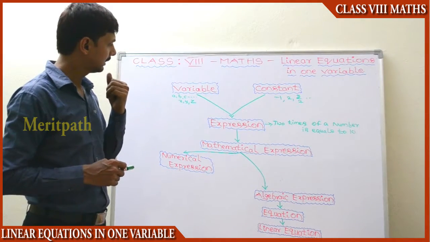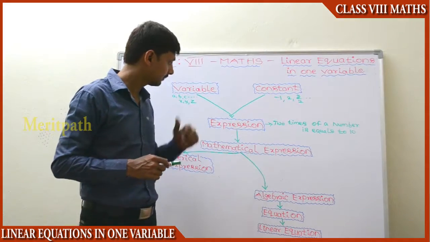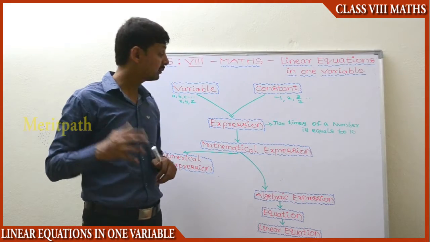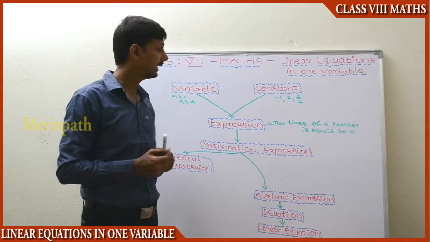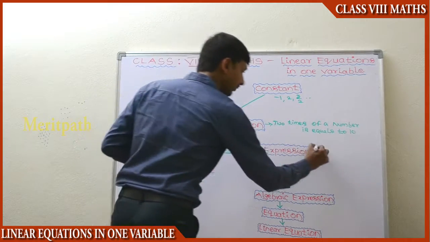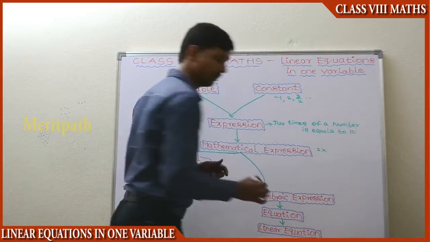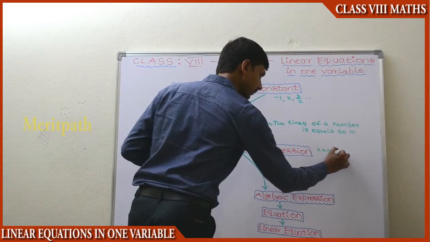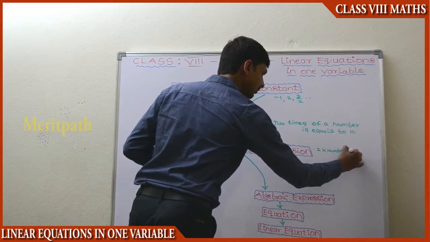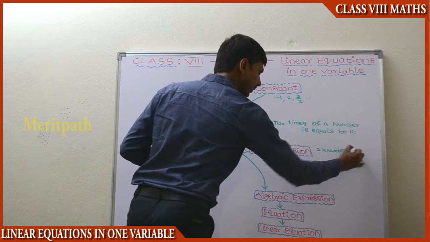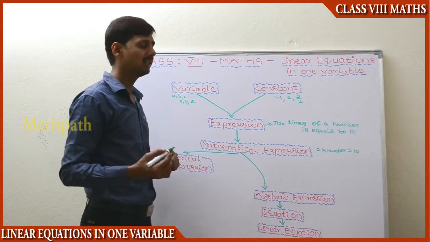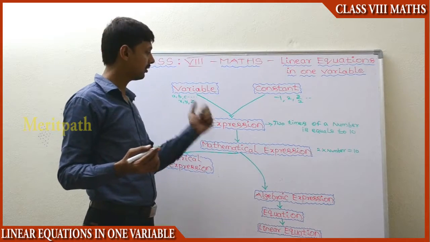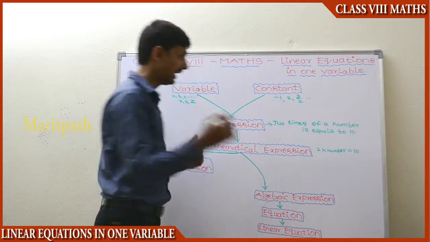So we take this expression and express it in a mathematical way: 2 times a number. The number we don't know, so in place of this number let's take x or y.